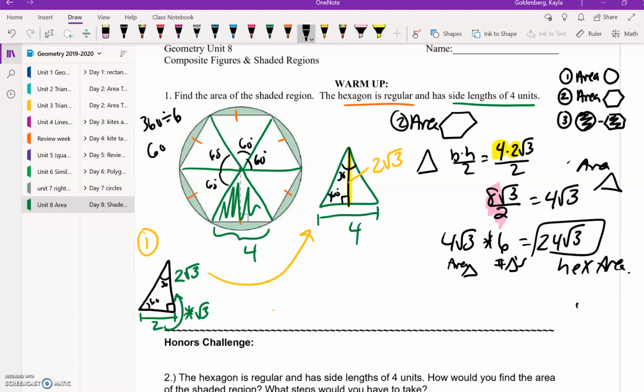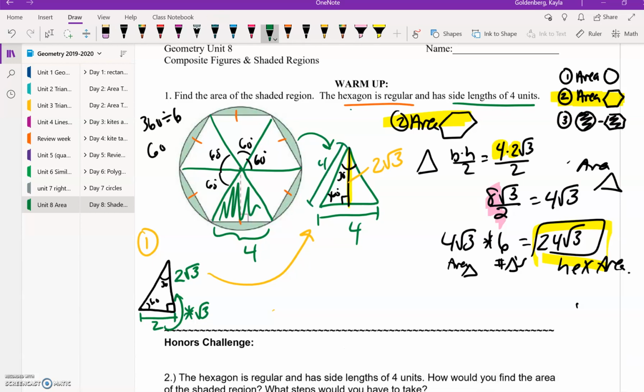So I first found the area of my hexagon. So I've done that. Now I need to find the area of my circle. Now, the trick to doing the circle is the fact that our triangles, each of those pizza slices, if I look at them, the base is 4, and if I have 60-degree angles, what that means, remember, is that my triangle is equilateral.